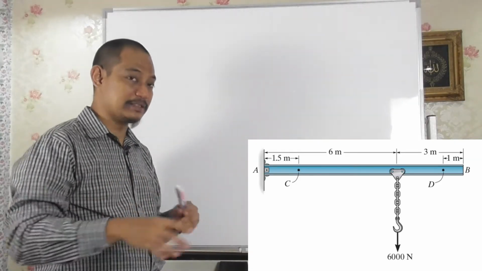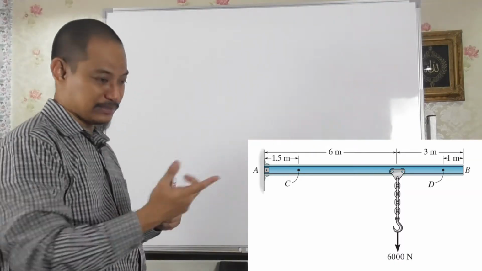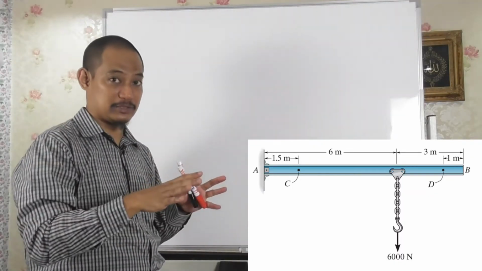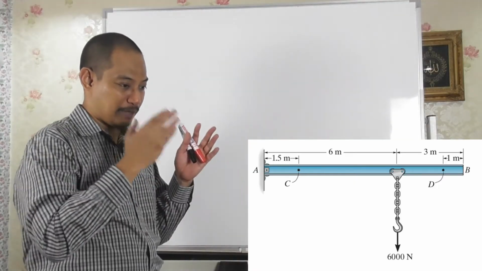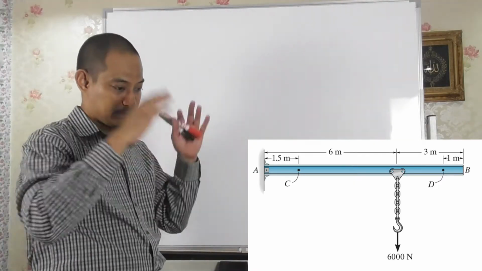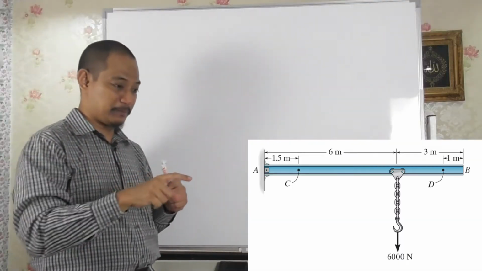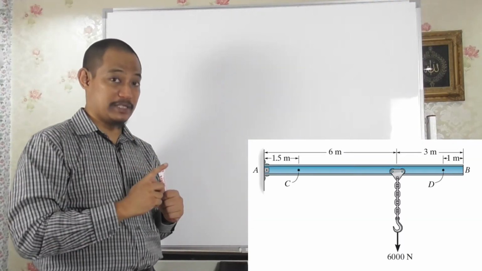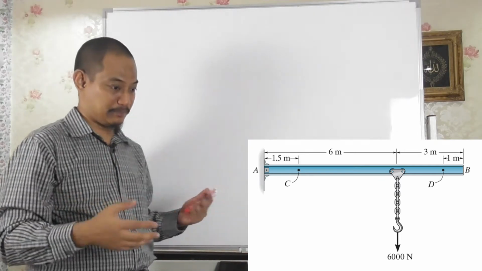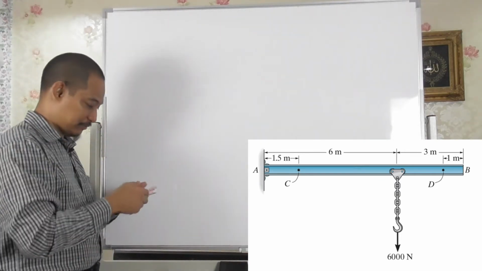It's going to be exactly the same because that's the support reaction of the same structure. It is not affected by where we want to cut afterwards. It's about the whole structure. So I'm skipping how to solve the support reaction at point A because we have done this just before, right?